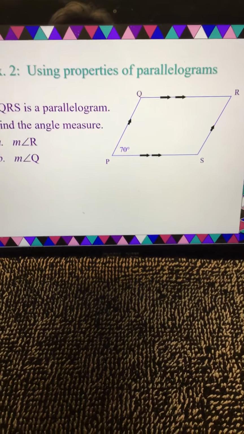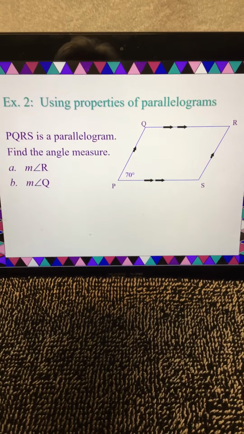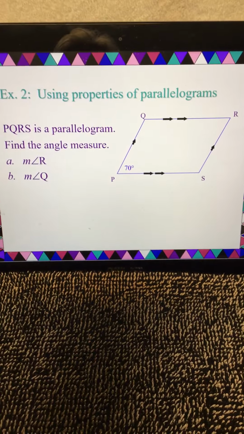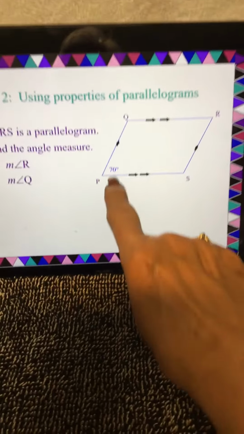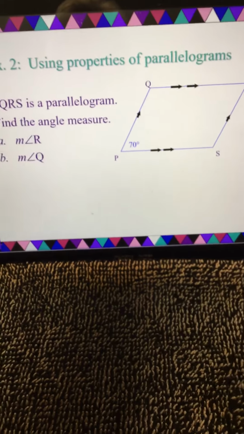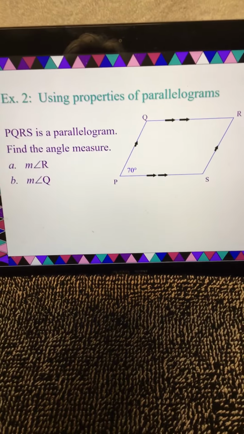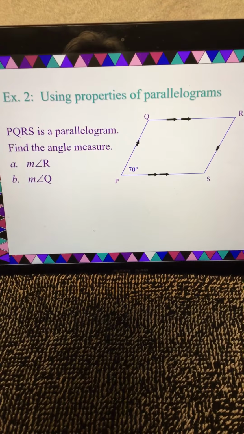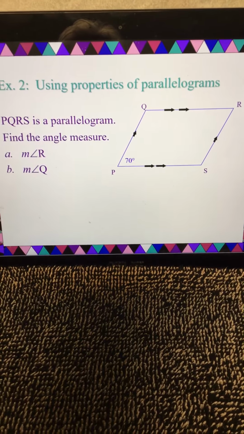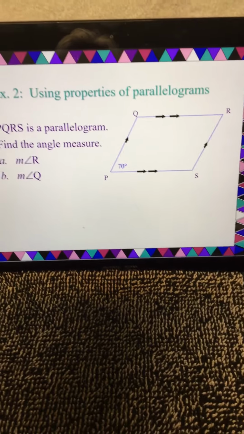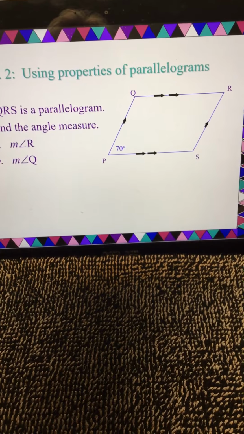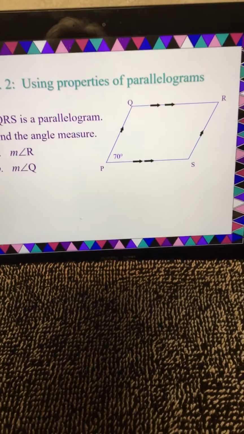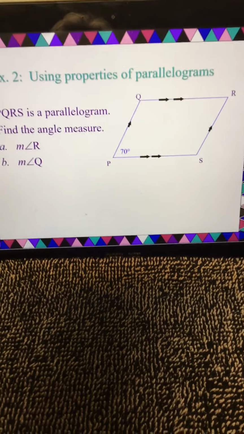Now let's talk about angles. Again, mark your picture, make sure your sides are marked parallel, that this angle at P is marked as 70 in your picture. They're asking us to find how much is R and how much is Q. And y'all, there's only two relationships, and these are the same relationships we've been working with all year: congruent or supplementary.